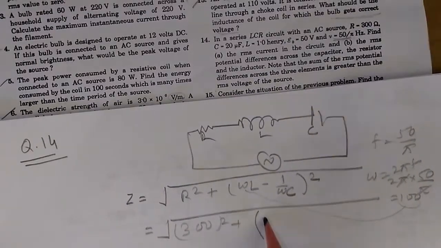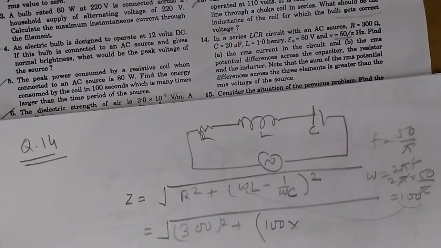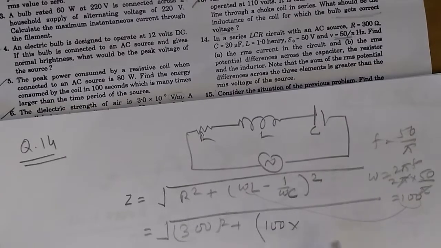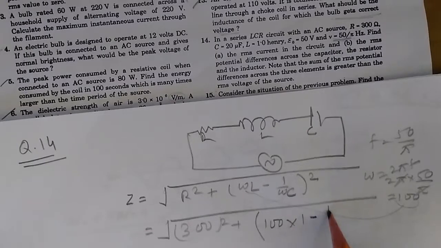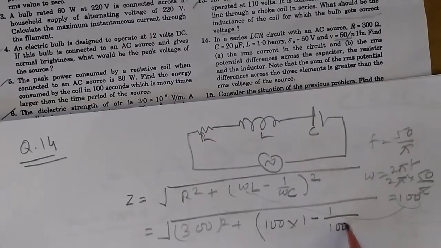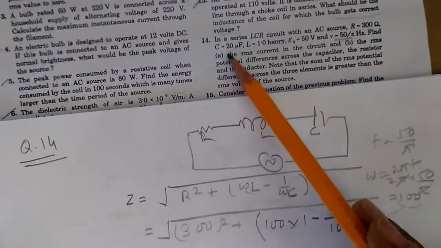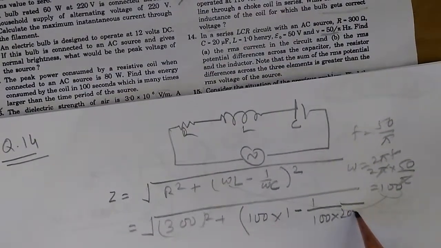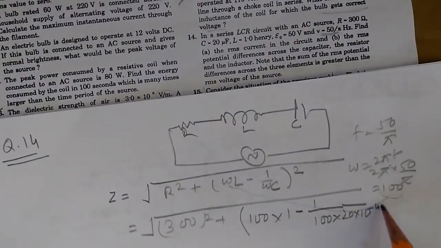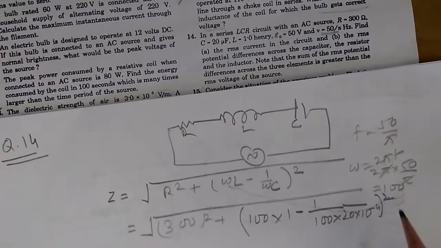It simplifies this way. 100 into the inductor value, which is 1 henry, minus 1 upon omega, which is 100, times the capacitance value, which is 20 microfarad, 20 into 10 to the power minus 6, this whole square.